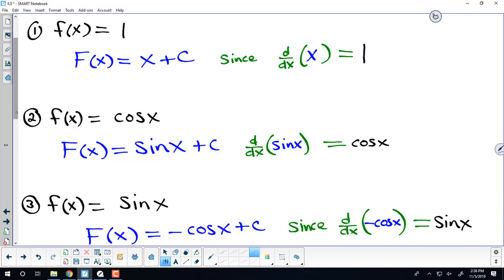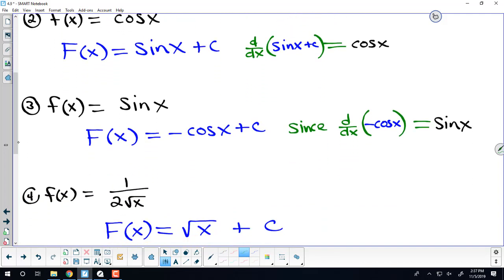So we should modify some of these, because any constant we have there, the derivative is still 1. Any constant we have here, the derivative is still cosine, and so forth.